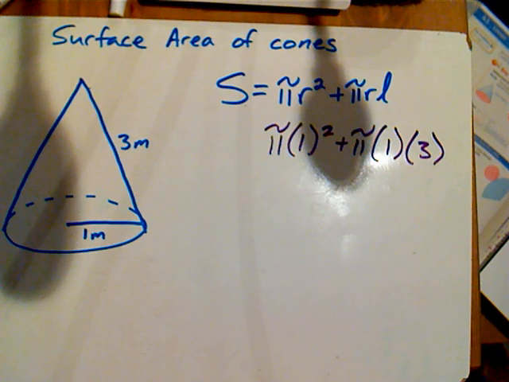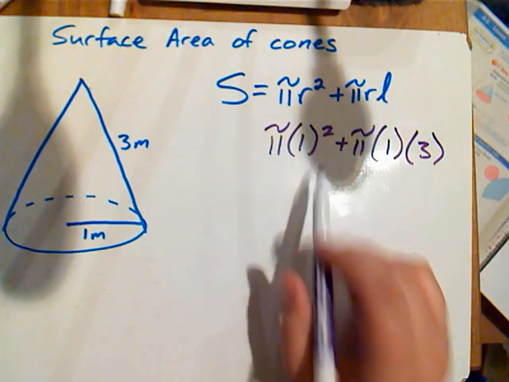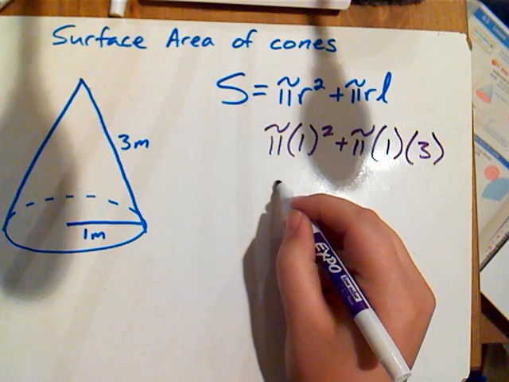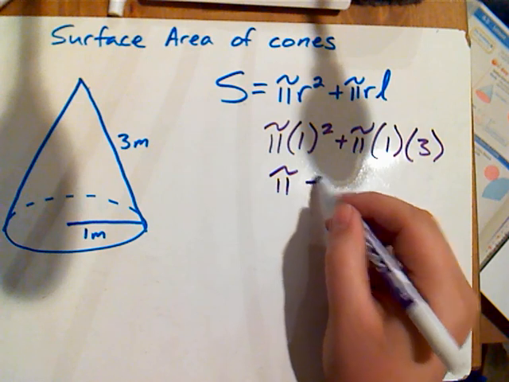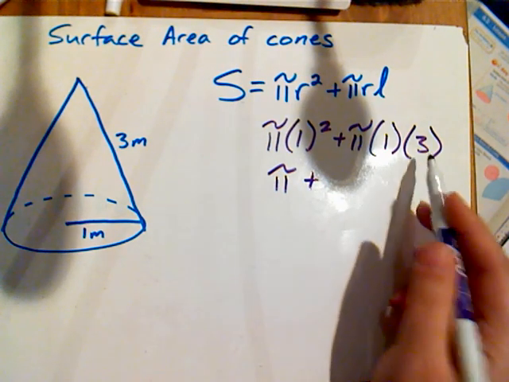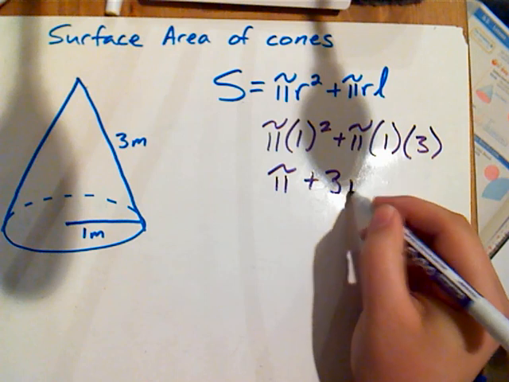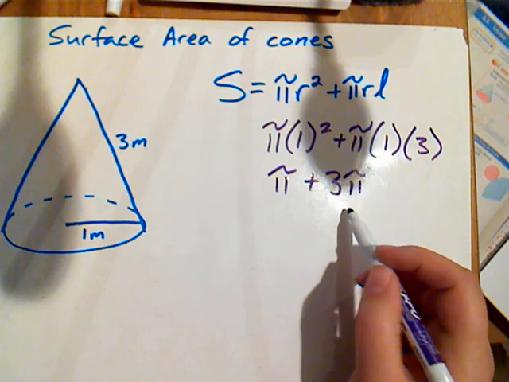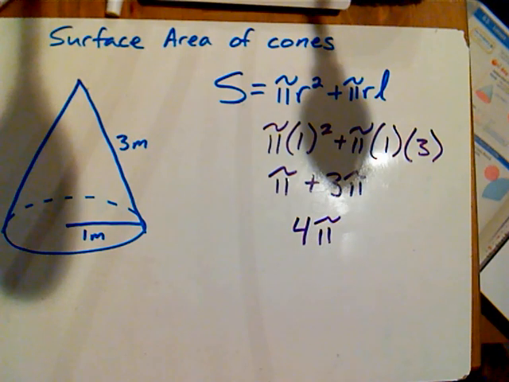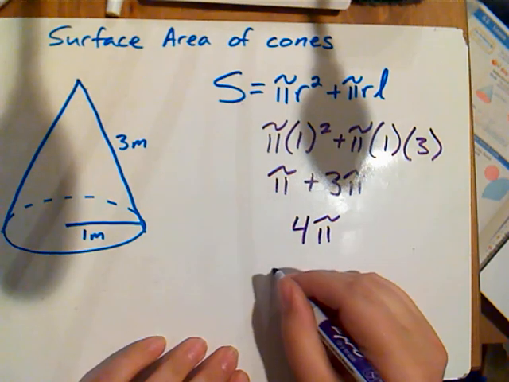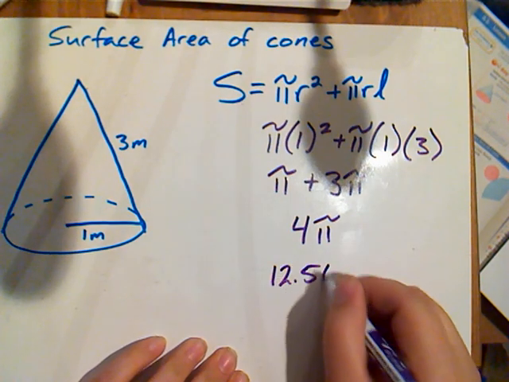Okay? So 1 squared is 1. So you can either write just pi, or if you want to have the 1 in front of it, you can do that, plus 1 times 3 is 3. So we have 3 pi. So if we have pi plus 3 pi, that is 4 pi. 4 times 3.14 is going to be 12.56.